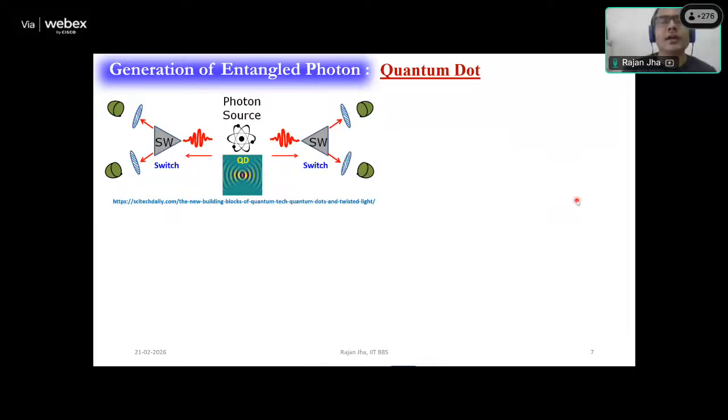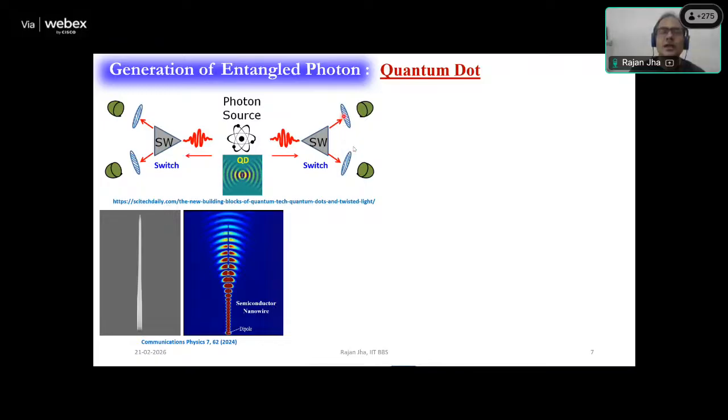Another way in which an entangled photon source can be created is by using a quantum dot. So what you do here, you have some quantum dot, you excite these quantum dots, and then you allow them to pass through some switch. You measure them on both sides through some type of APDs, and you correlate these two APDs.